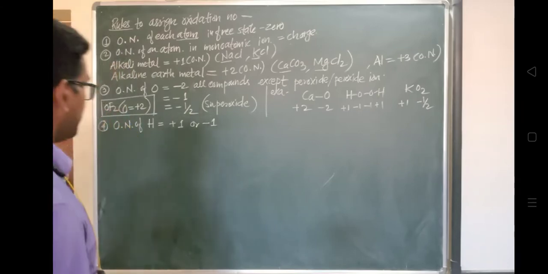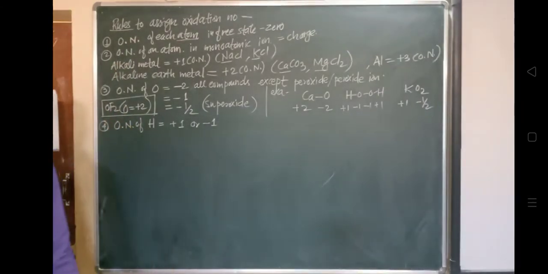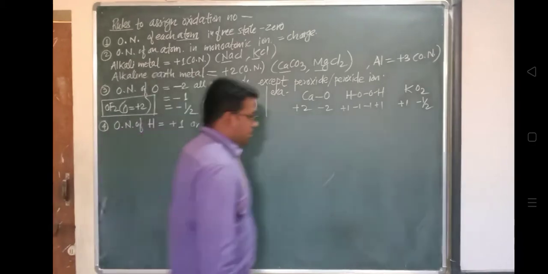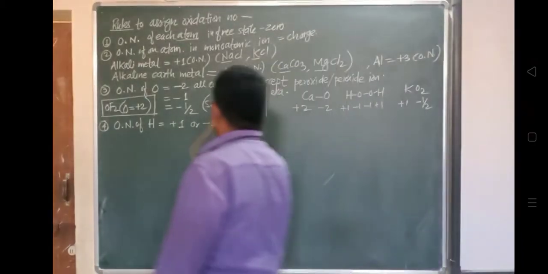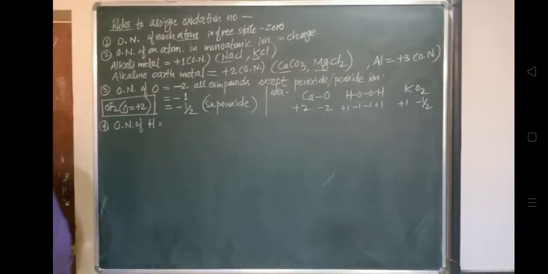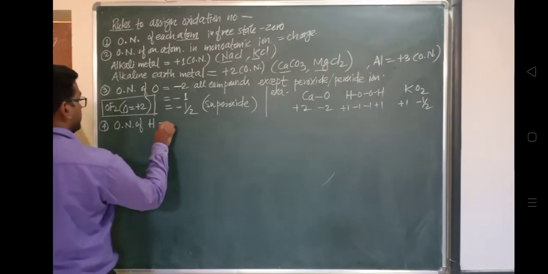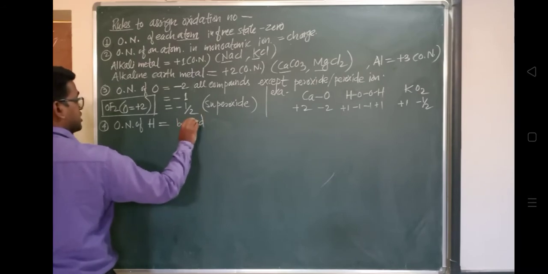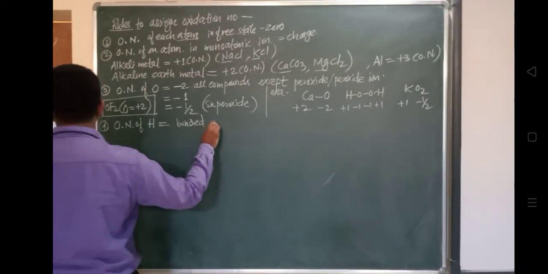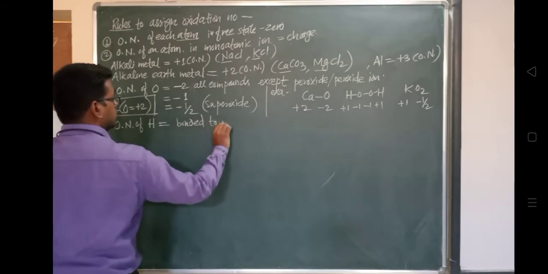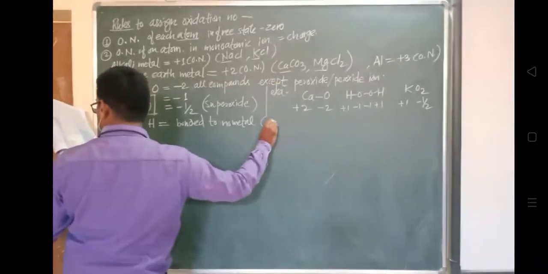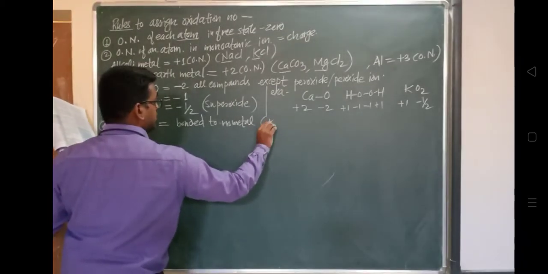So in this way, when a hydrogen atom is bonded to a non-metal, its oxidation number is +1. So generally this +1 is when hydrogen is bonded to non-metals. हाइड्रोजन अगर नॉन मेटल के साथ बॉन्ड करता है तो ऑक्सीडेशन नंबर उसका +1 शो करता है.